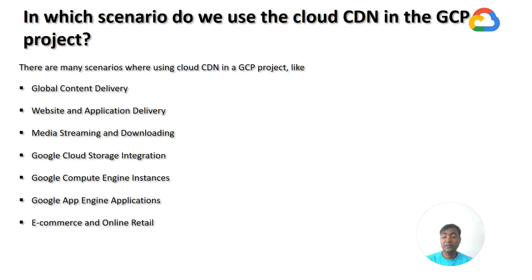E-commerce sites can optimize product images and thumbnails for rapid loading, enhancing user experience and boosting conversion rates. Guys, a high traffic website experiencing high traffic can leverage Cloud CDN to offload static and dynamic content to edge locations, reducing the load on origin servers. This ensures a consistent and fast user experience even during traffic spikes.